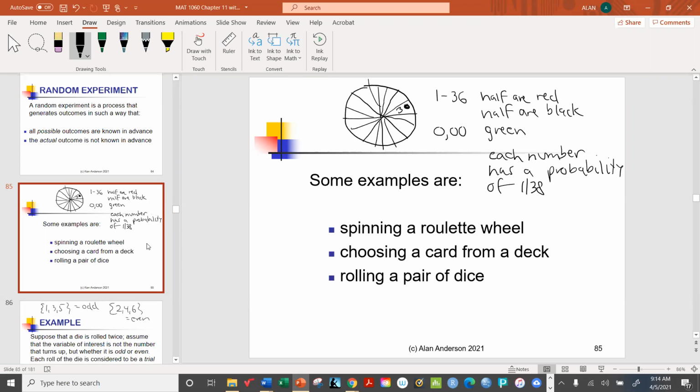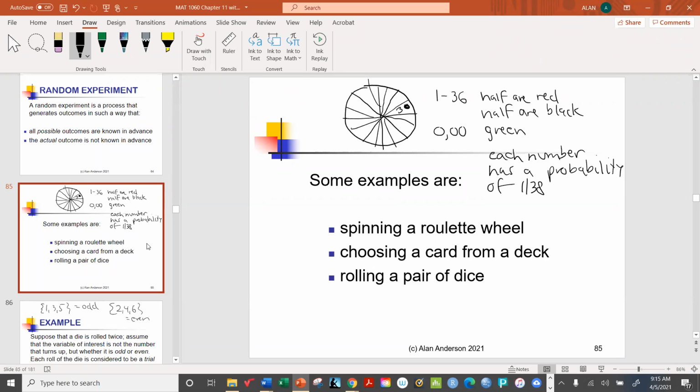You can bet on each number, you can bet on ranges of numbers, you can bet on odd or even, you can bet on black or red. There's all kinds of possibilities. But the bottom line is that each number is equally likely to turn up. So this would be considered a random experiment, because we know in advance there are 38 equally likely outcomes that could occur.